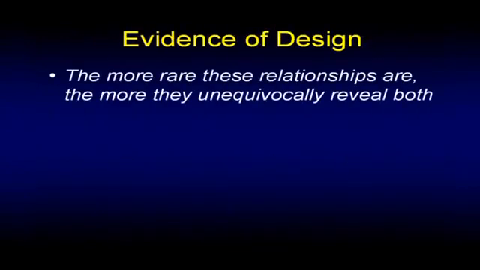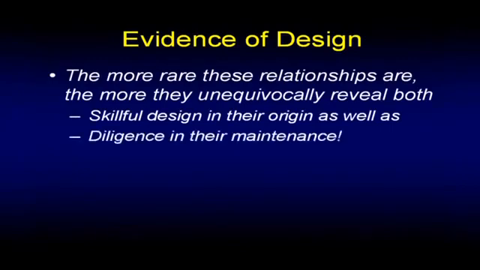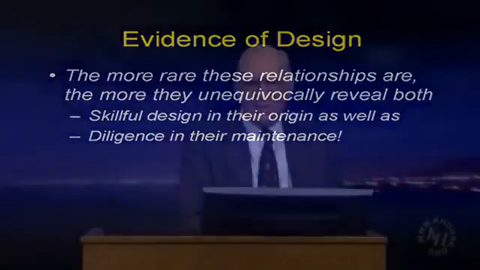The more rare these relationships are, the more they unequivocally reveal both skillful design in their origin as well as diligence in their maintenance. They weren't just set up and left alone thousands of years ago to turn to pot. No, they're maintained. It's what Paul tells us in Colossians, that by Jesus Christ, all these things are held together. By whom? By Him. Wow.